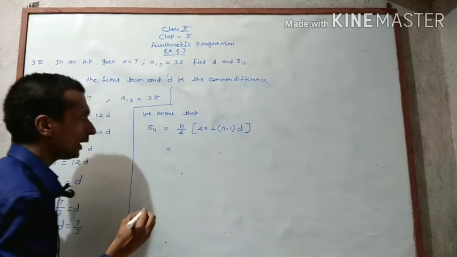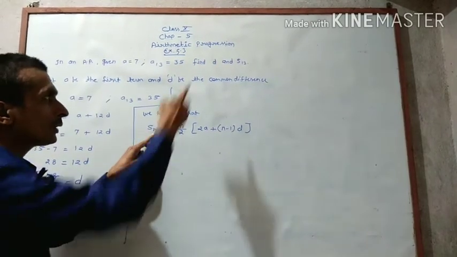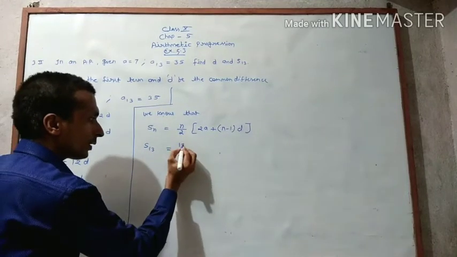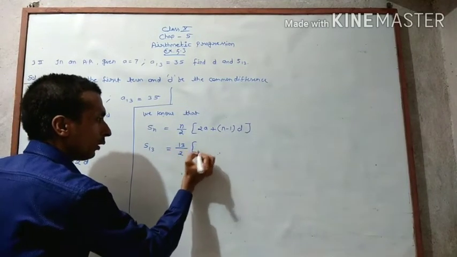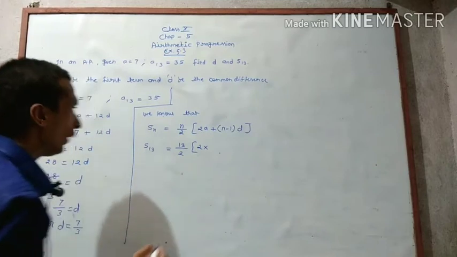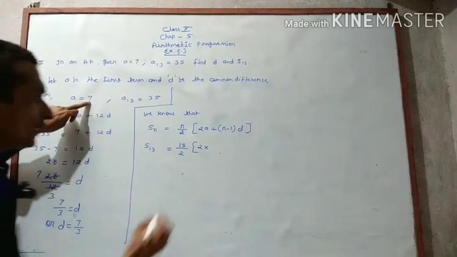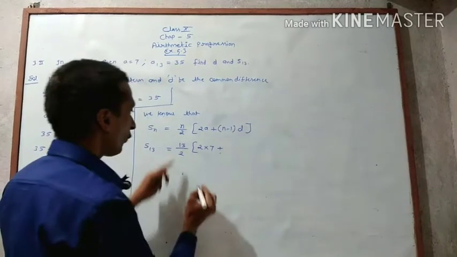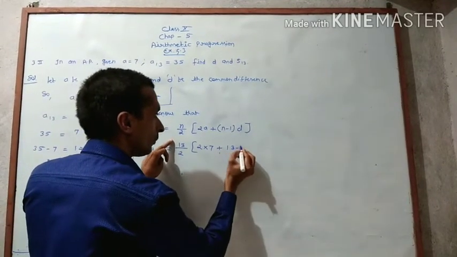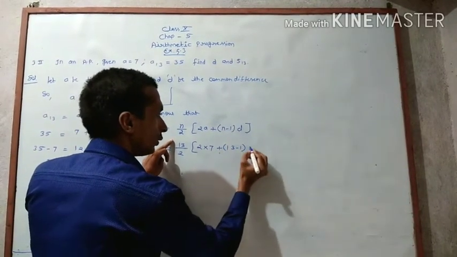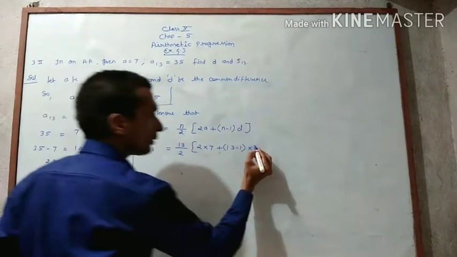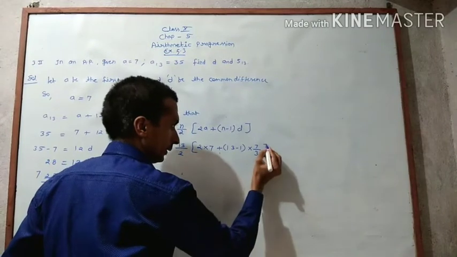You have to put the values: n value is 13, so you can write S13 is 13 upon 2, and now 2 into A, value of A, look at this one, it is 7 here, plus n minus 1, value of n is 13, 13 minus 1, and value of D you can see here 7 upon 3, so write it 7 upon 3.